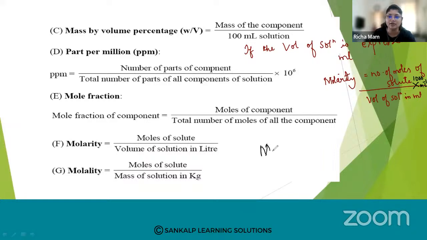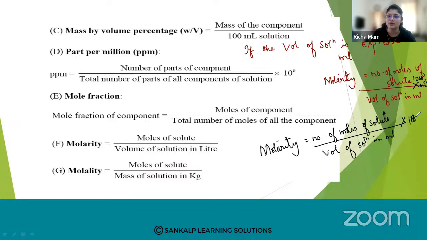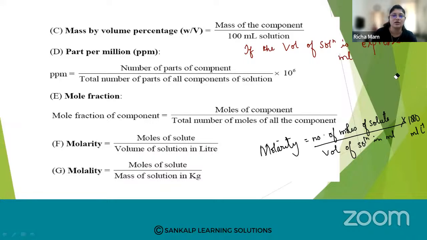I'll write it here. Molarity is equal to number of moles of solute divided by volume of solution in ml, into 1000 ml per liter. So this is the formula if the volume of solution is expressed in ml.